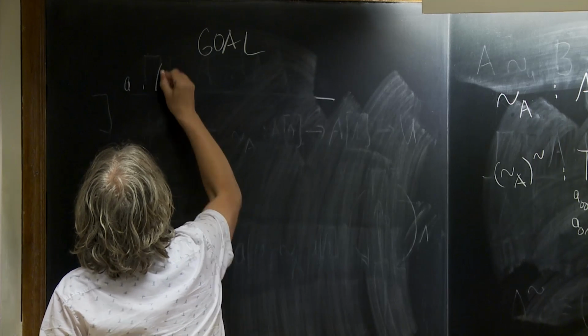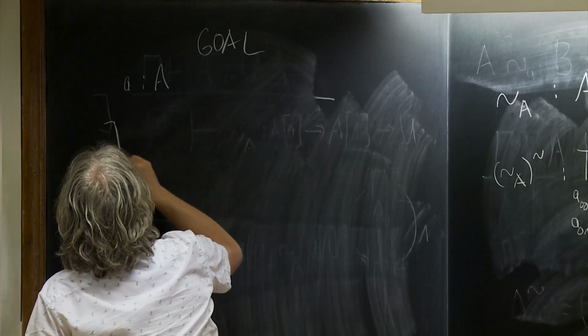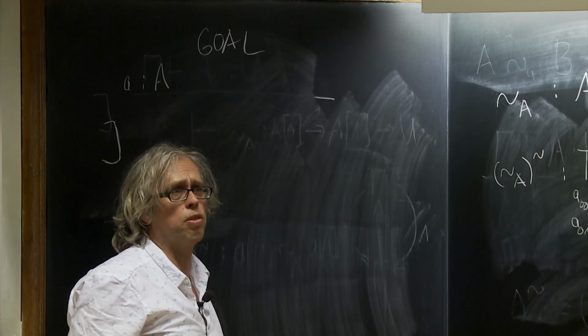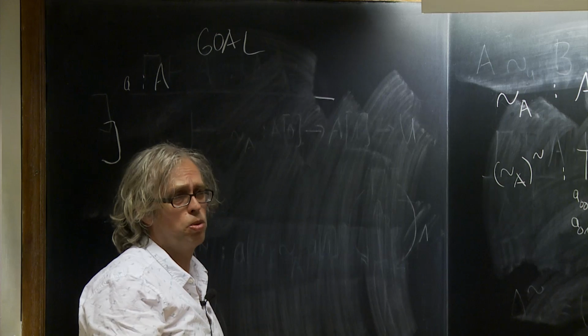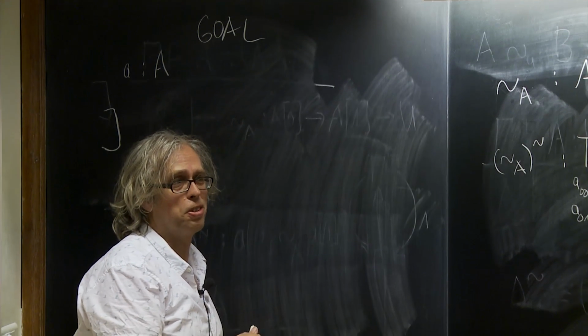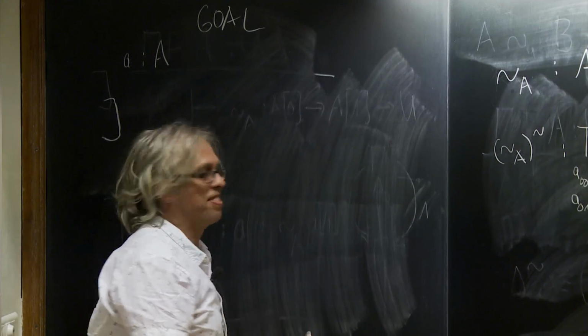Let's simplify things a bit. Let's say a is an element of A. And now I want to have J, and since I'm in France, obviously, I'm going to use Paulin-Mohring's version of the eliminator.